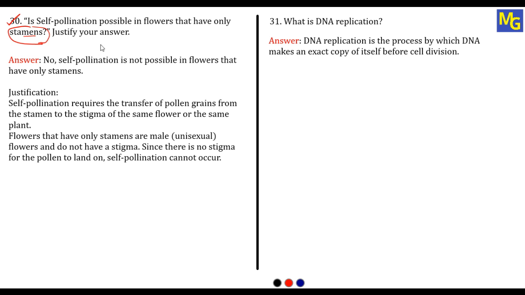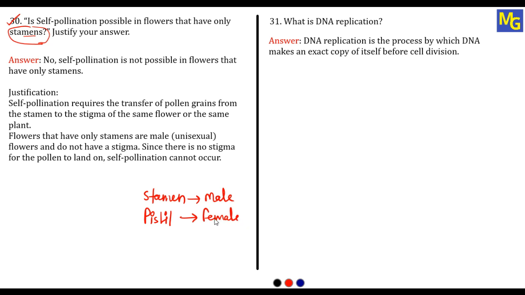We have to tell and then justify the answer. What do you mean by stamen? Plant has reproductive parts like stamen and another is pistil. Here the stamen means it is a male reproductive part and pistil is female reproductive part.